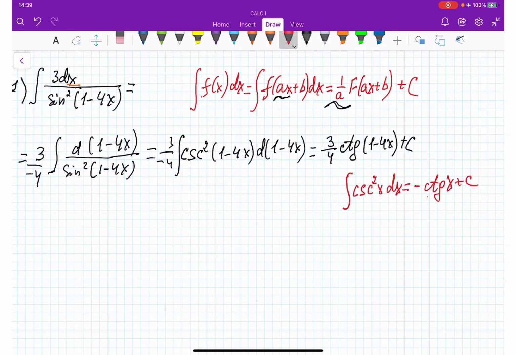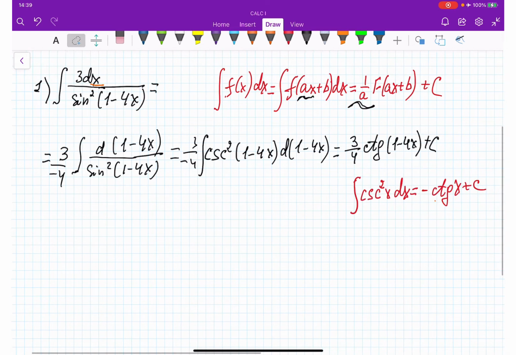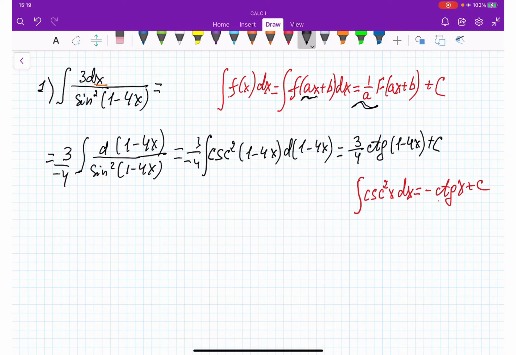Okay, so let me move this here, and we have the first one. Number 2: the integral of tangent cubed x dx.